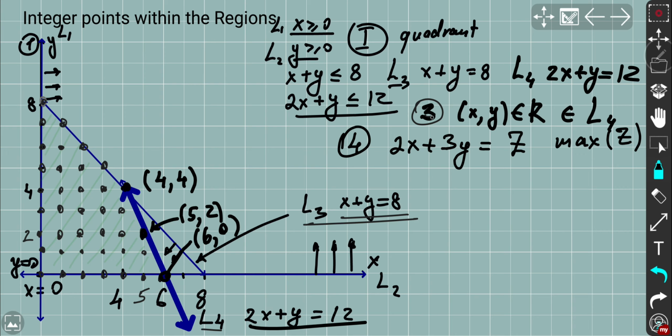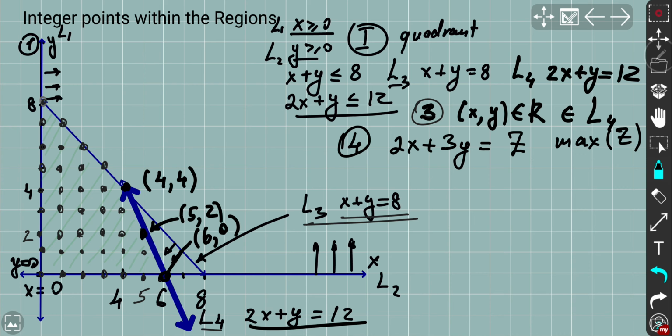Looking at the lines from our set of inequalities, line 1, line 2, line 3, line 4, they are completely different expressions. So that's why our function 2x plus 3y goes in a very different way. It might go differently depending on the z value, because z is some number.